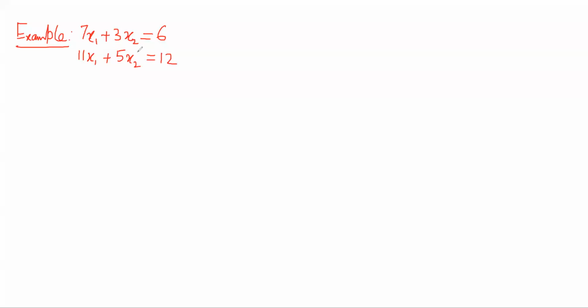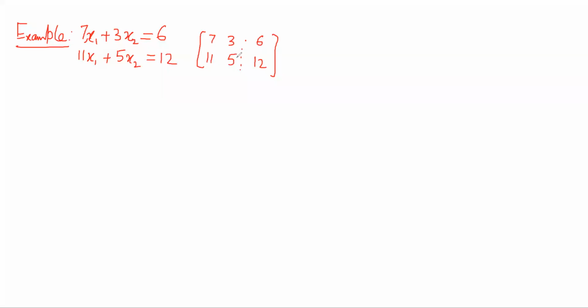So this is a simple two variable system. If we want to solve this using the Gauss elimination method, we will set up its augmented matrix first. So the augmented matrix will be 7, 3, 11, 5, and then 6, 12. Okay.